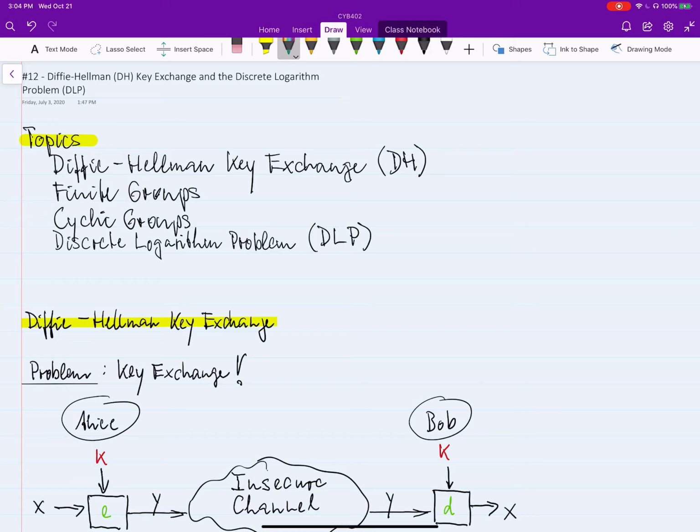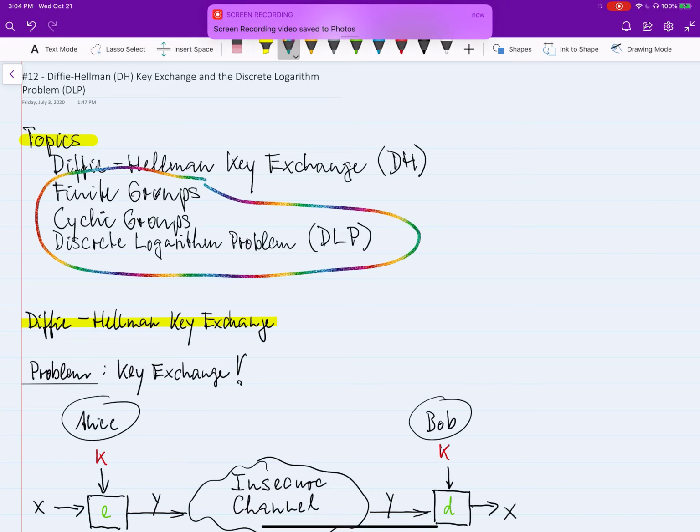The interesting thing about Diffie-Hellman is that it leads to other approaches for how to construct cryptographic systems. After we talk about the algorithm, we are going to look into some math that will help us understand how to make the Diffie-Hellman key exchange algorithm secure.